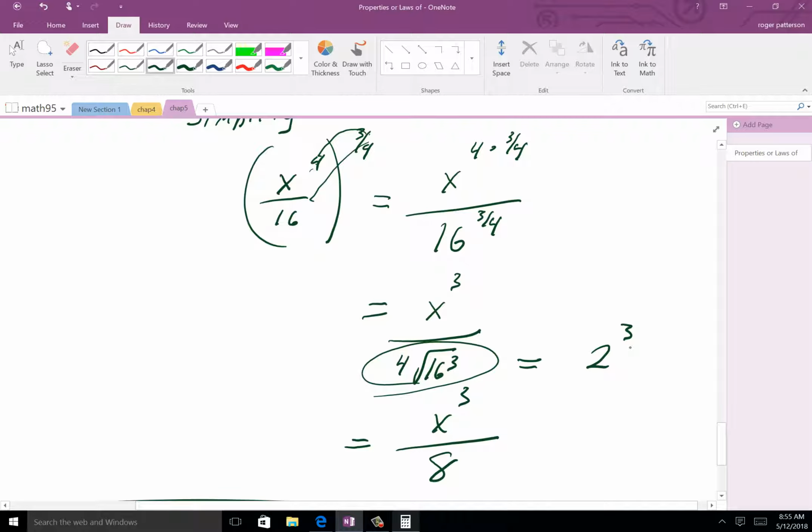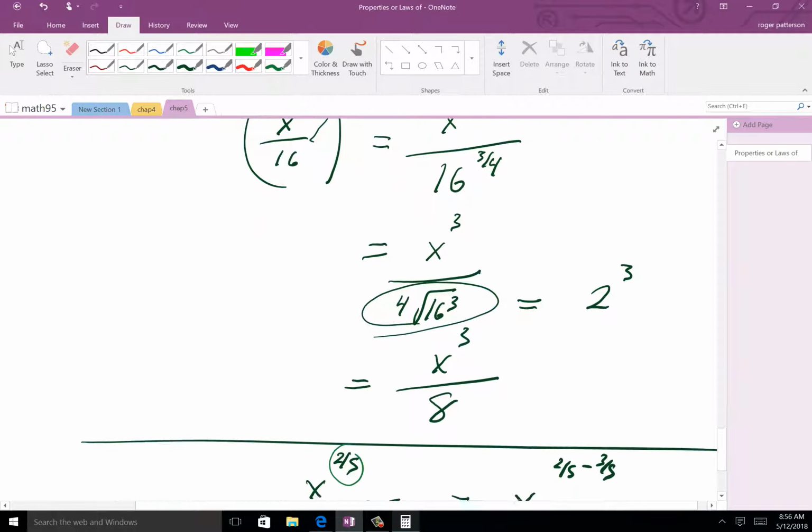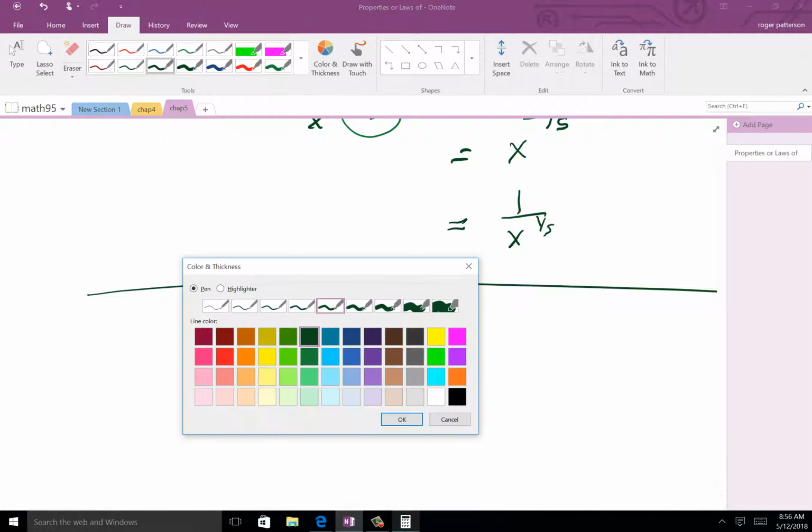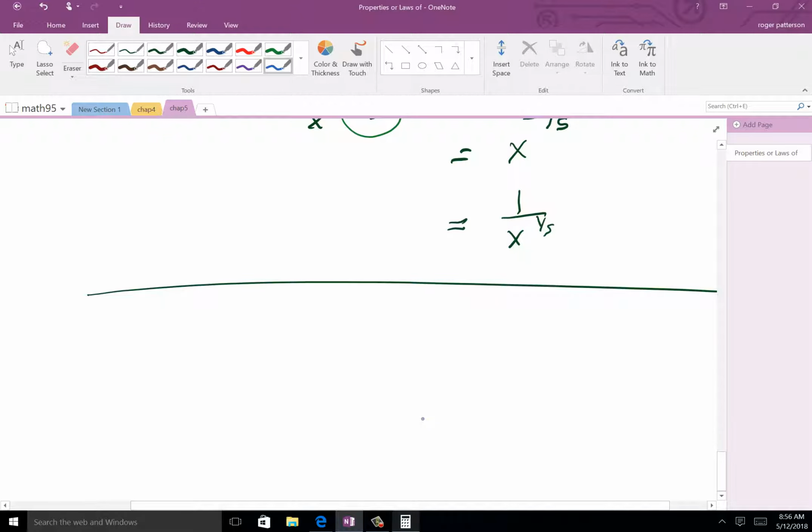Any other questions? Okay. Let's just do a little bit of 5-3 here. A lot of this is, if you took 65, some of this is in there.